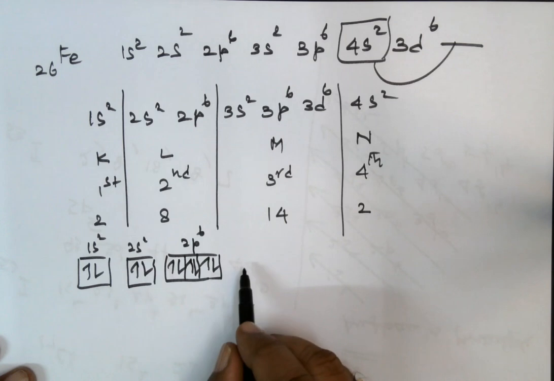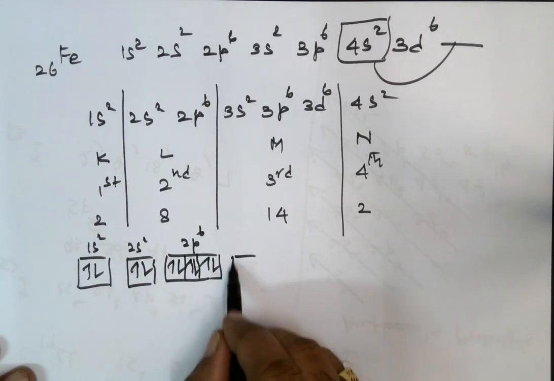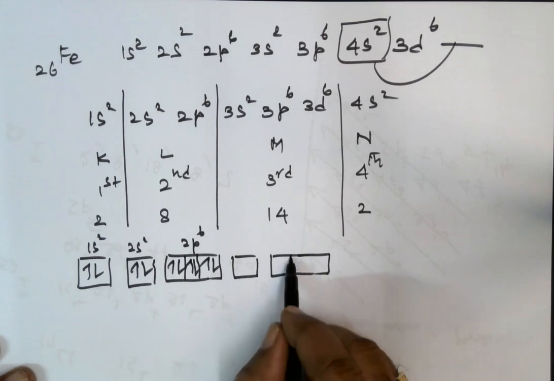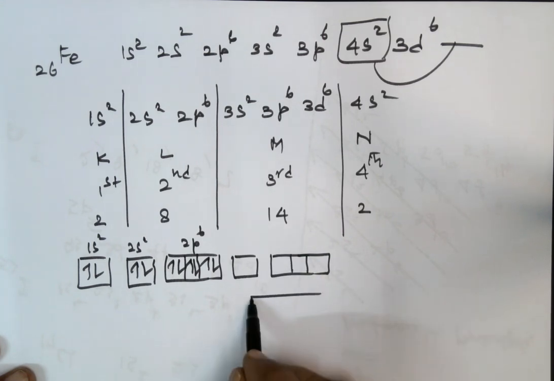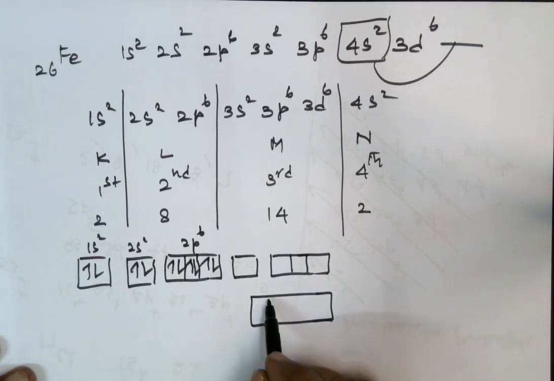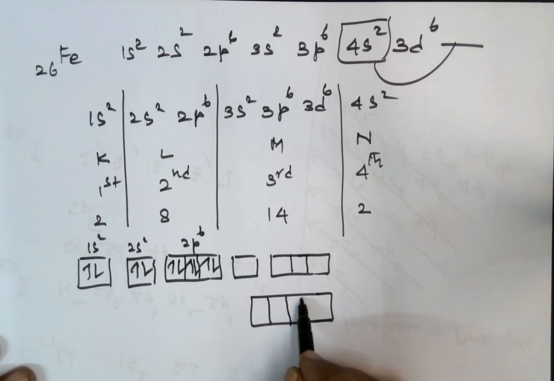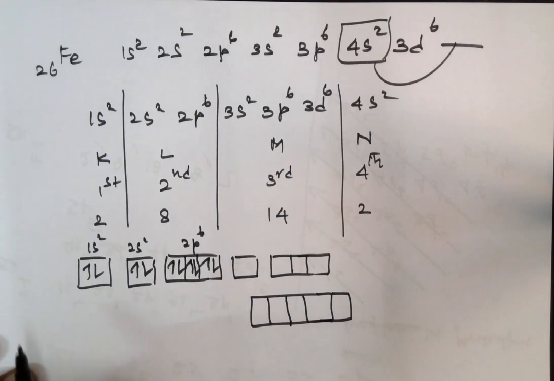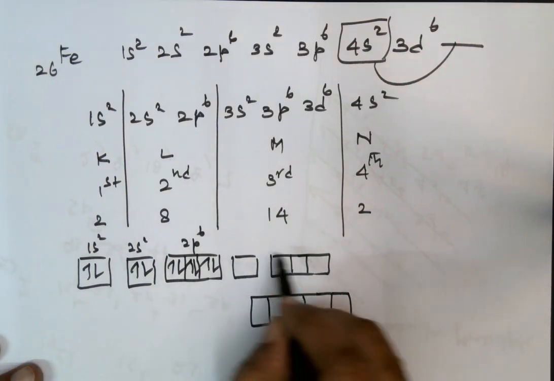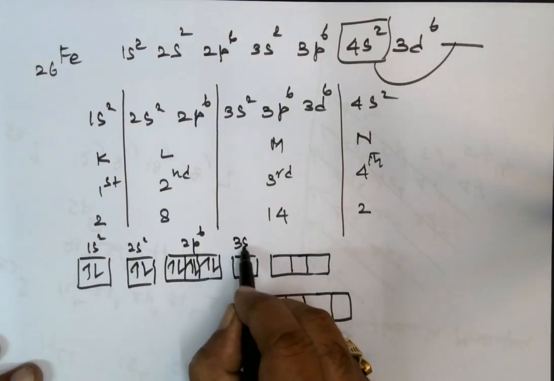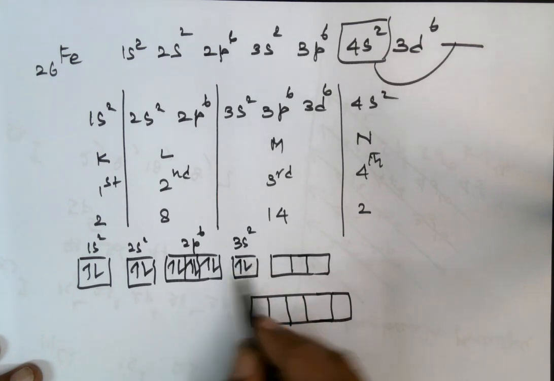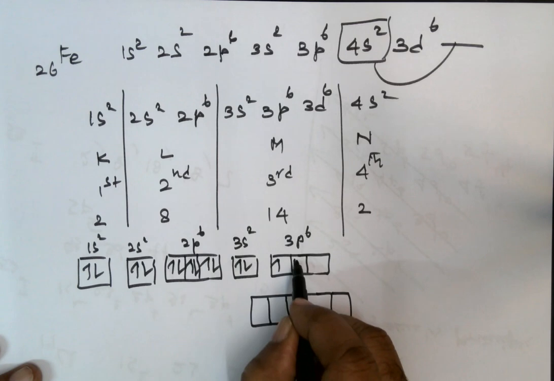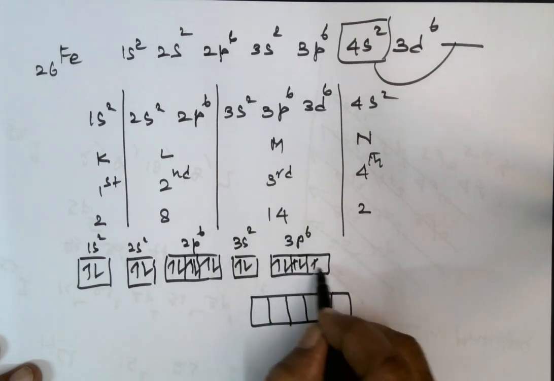And for the third shell, you can write 3p, then 3d. Okay, 1, 2, 3, 4, and 5, because we have 5 boxes. So you can write 3s2 means 1 electron, 2 electron. 3p6 means 1, 2, 3, 4, 5, 6.